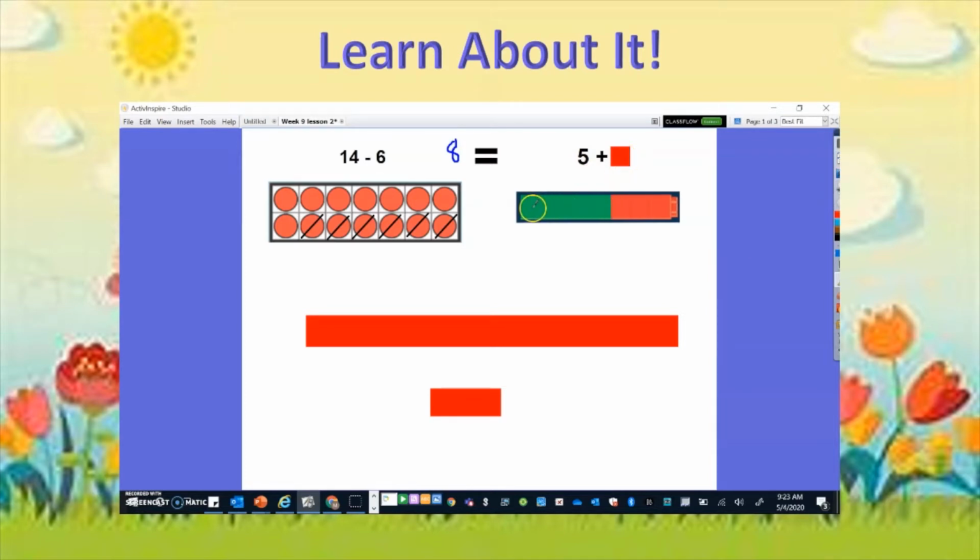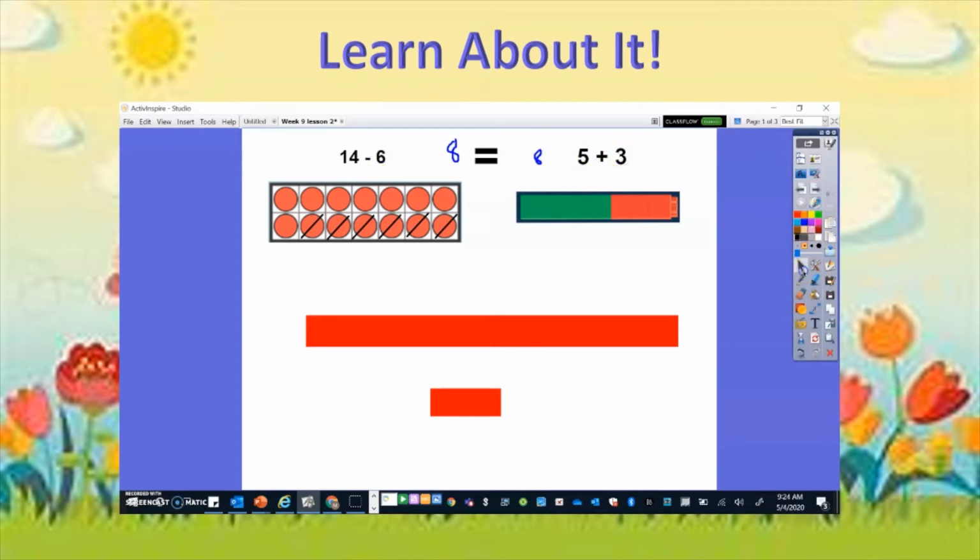Well, if we take a look at our cubes down here, we see there are 5 green cubes. And what's left over? 1, 2, 3. So 5 plus 3 is also going to give us 8. So we see that these two number sentences here, 14 minus 6 and 5 plus 3, give us the same answer, but they are looking in two different ways to be made.